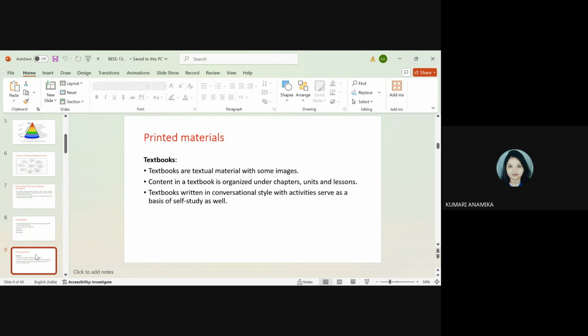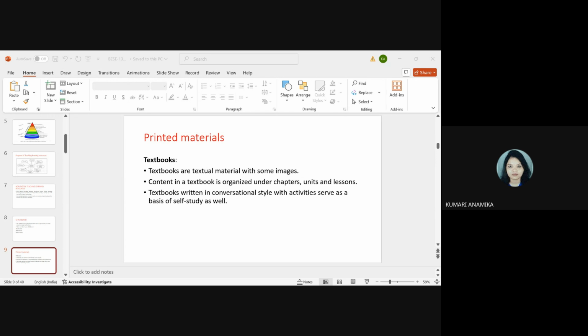Whenever we want to teach anything in a classroom, the very first teaching learning material which comes to our mind is the textbook only, because the textbook has been prepared by keeping in account the age of the student and the content which has to be learned by the student at the particular stage.